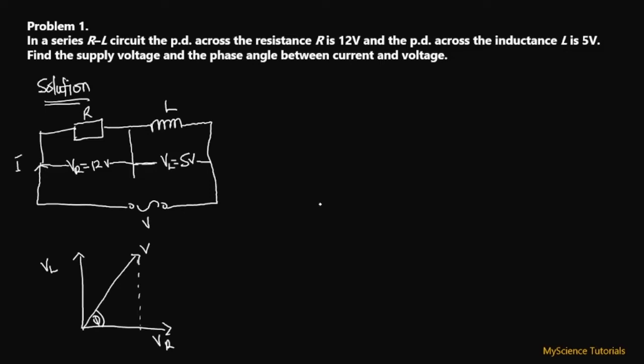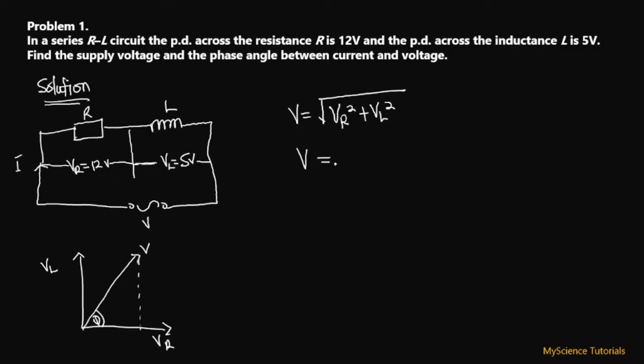All right, so let's have a look at how we solve this problem. The first thing we want to do is to write the formula for how to find the applied voltage. We know V is equal to the square root of VR squared plus VL squared. Very easy, very straightforward.